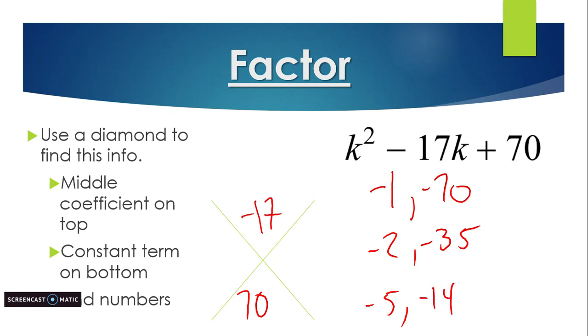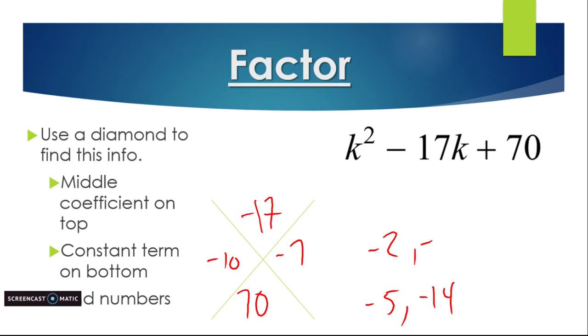That's almost negative 17, but it's not. Oh, I know. Negative 10 and negative 7. Those do add to negative 17. So negative 10 times negative 7 multiply together to get positive 70 and add together to get the negative 17 that we're looking for.